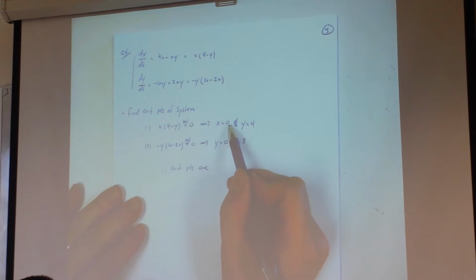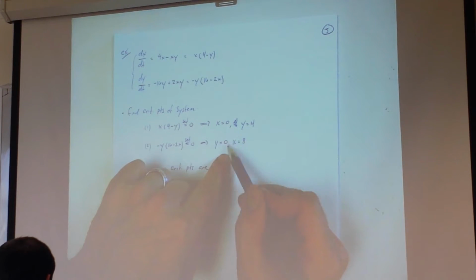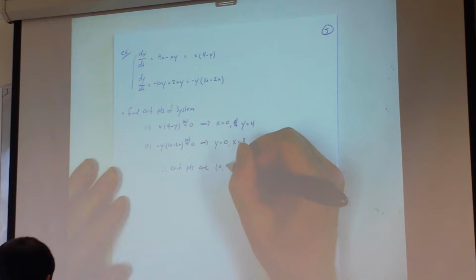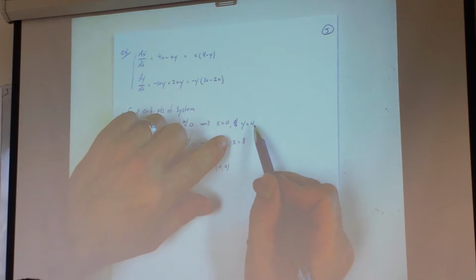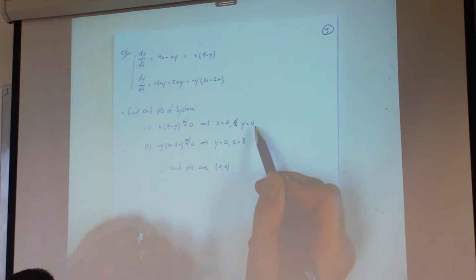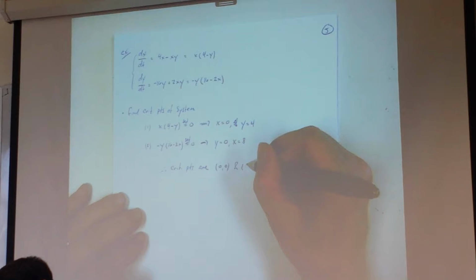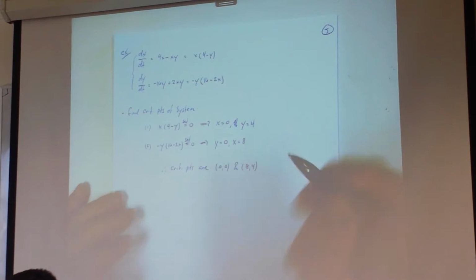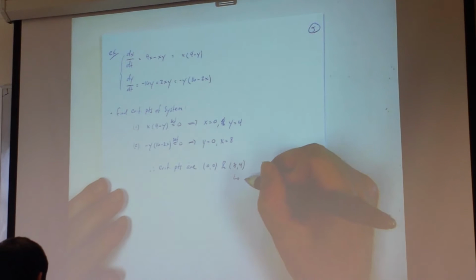Well, if I choose x equals 0, then obviously x can't equal 8 as well. I could get the pair 0, 0. We could choose 8 and 4. If y is 4, then y can't also be 0, but x could be 8. That would also make it. So one from here and one from here, we could have 8, 4. All right, so we have one non-zero interesting critical point.